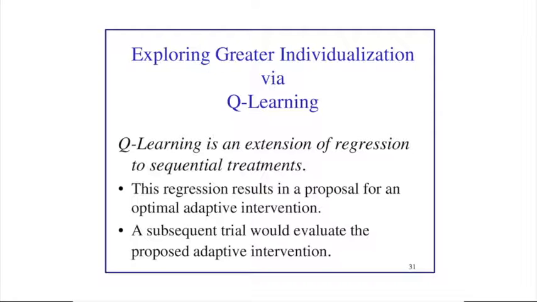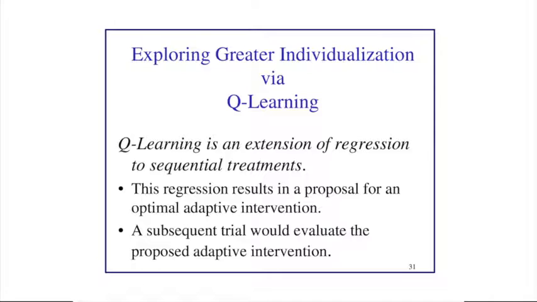And what it is, if you reverse engineer the method, it's an extension of regression to sequential decisions. Now, I think some of y'all may be familiar with dynamic programming. You're going to see dynamic programming, that's what's going on here. I'm not going to state that, but that's what's going on.